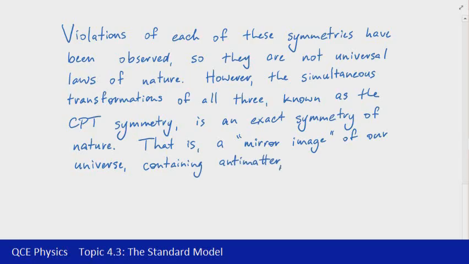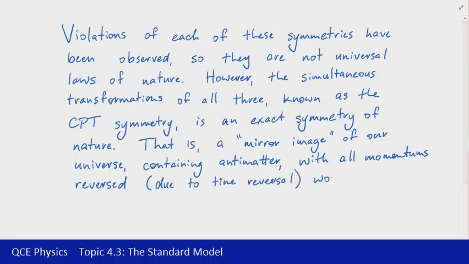And finally, considering the time reversal, that would mean that all of the momentums, so when we're talking momentum, we're really talking about mass times velocity, and so if time is reversed, then velocity will likewise be reversed. So all of those momentums reversed, and as I said, that's due to time reversal. That universe would evolve under the same laws of physics as our universe.